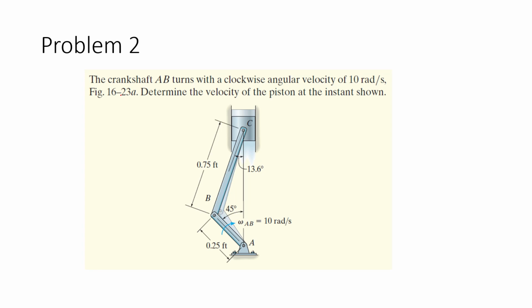Firstly, I will show the diagram here. So we have the point C, then point B, and then point A. And these should be connected here, a little bit longer maybe.